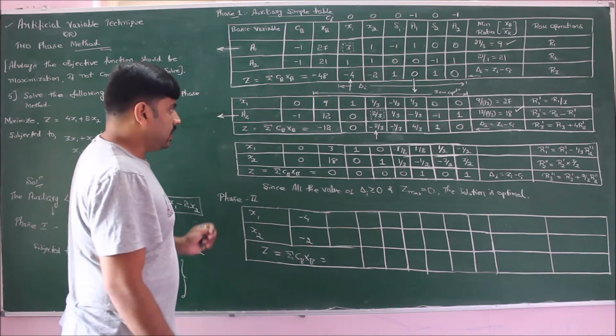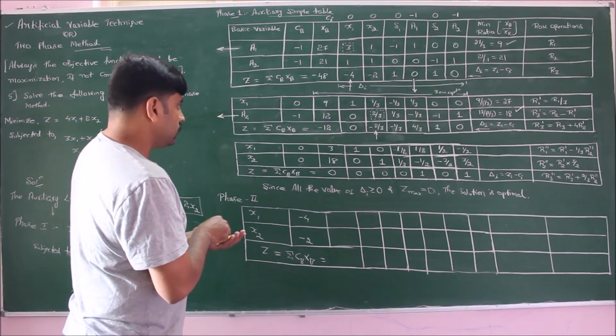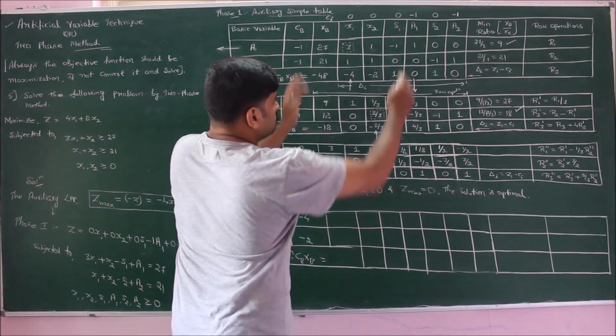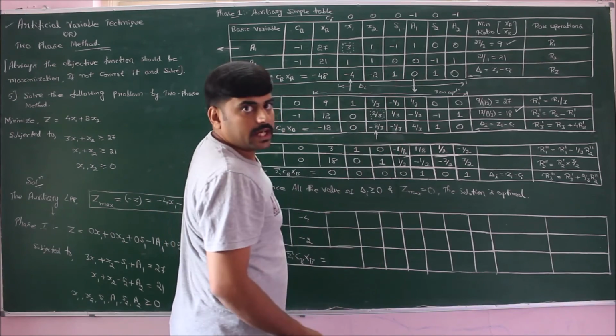Now copy down the values of the matrix from XB to S2 by eliminating A1 and A2.